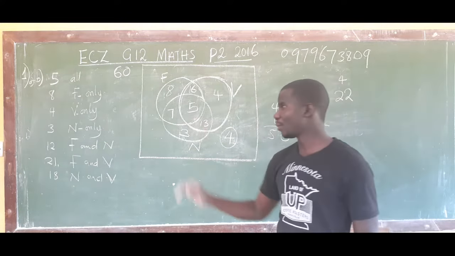The next question, the last question, is: showing your method clearly, use your graph to estimate the 50th percentile.